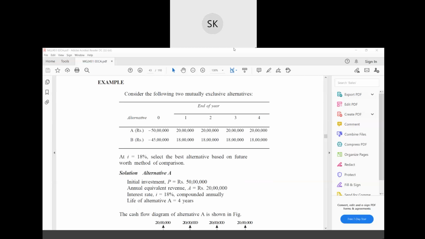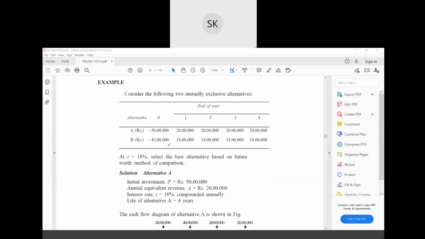Again, see the example. You have two options, A and B. The initial investment is represented by 0. A has an initial investment of minus 50 lakh, B has minus 40 lakh.